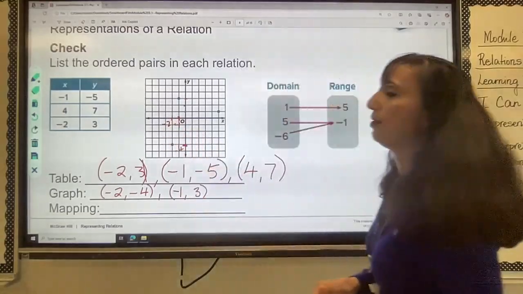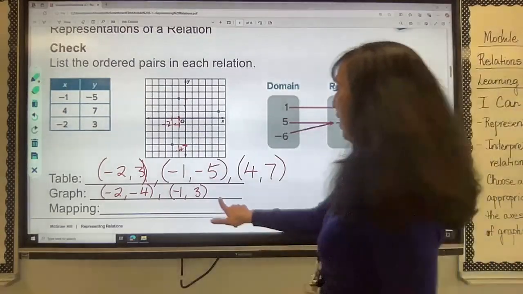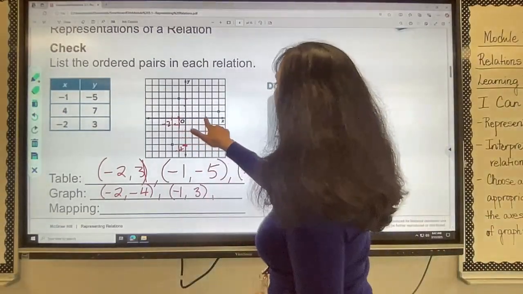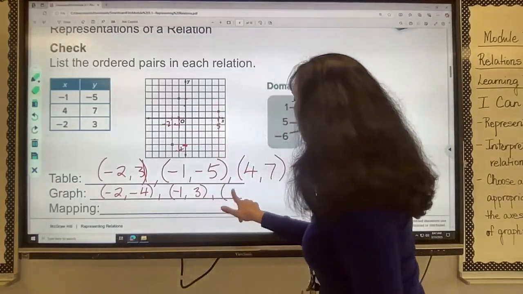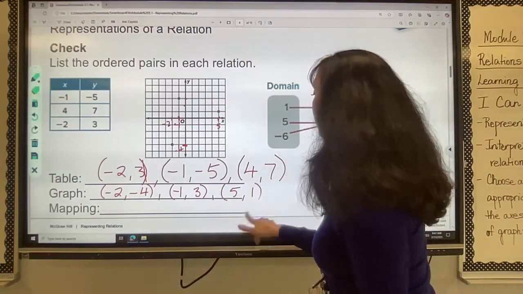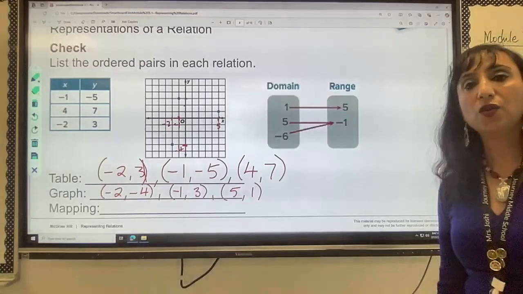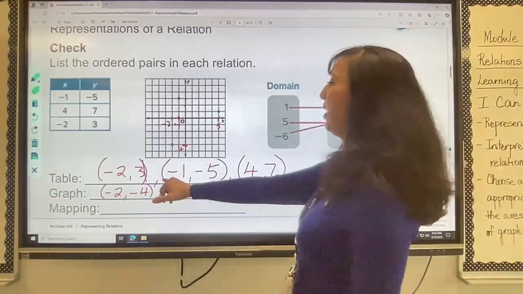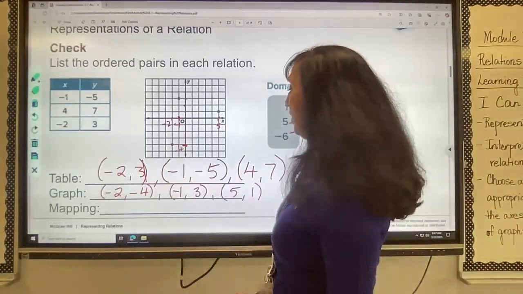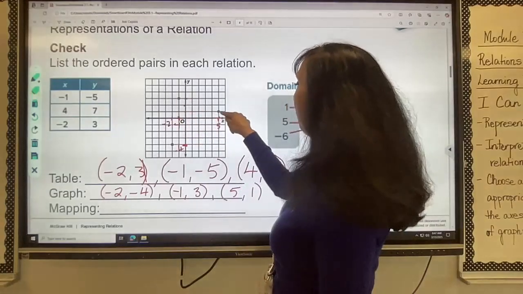This is -1 and 3. And then we have 1, 2, 3, 4, 5, and up 1. So this is 5, 1. Okay, so those are my ordered pairs for the graph. So you have -2, -4, then -1, 3, and of course 5, 1.